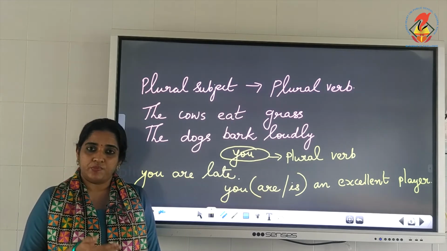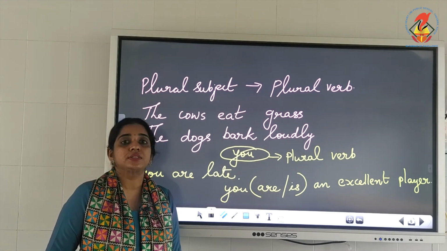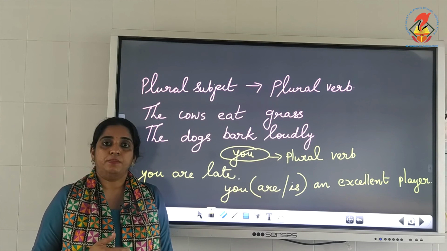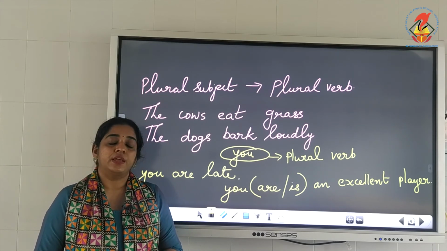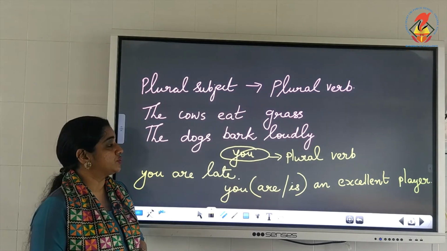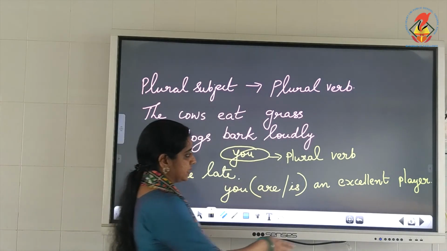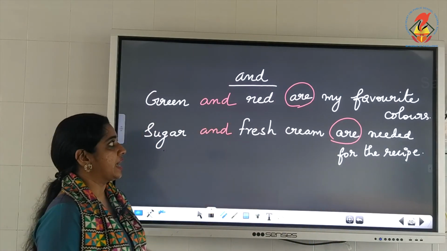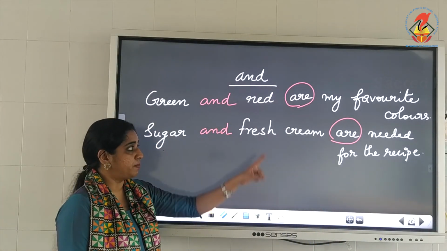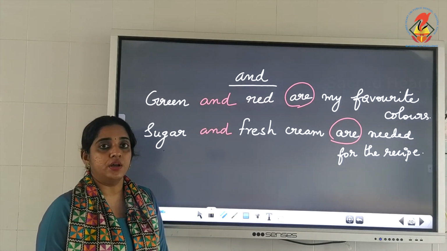Singular verb means verb with S. For plurals you use the plural form of the verb, that is verb without S. Then what did we study? And. If two subjects are joined with and, you have to use a plural form of the verb.